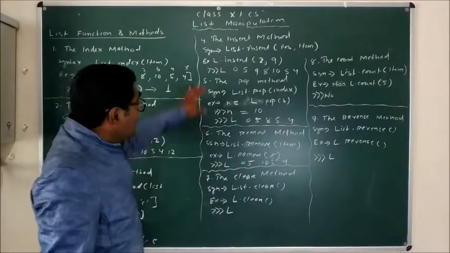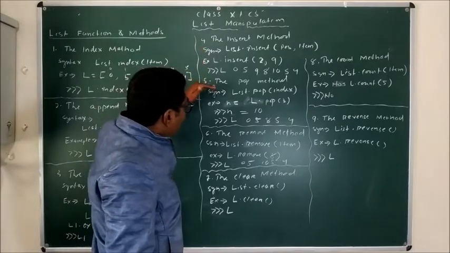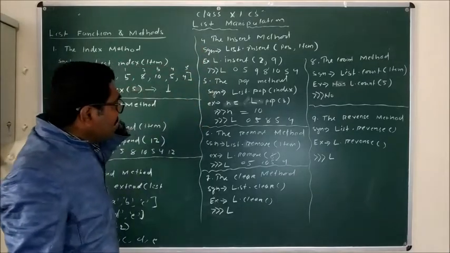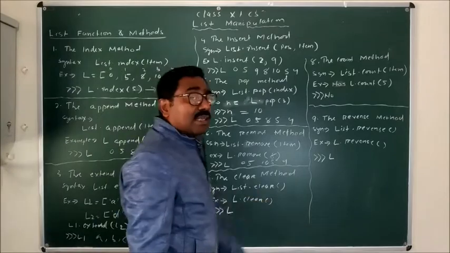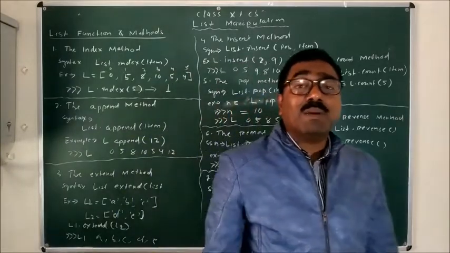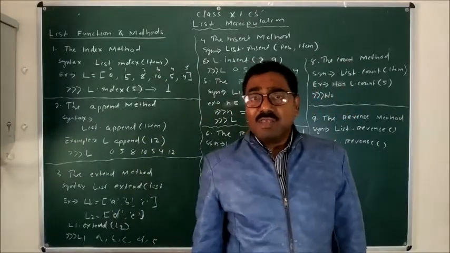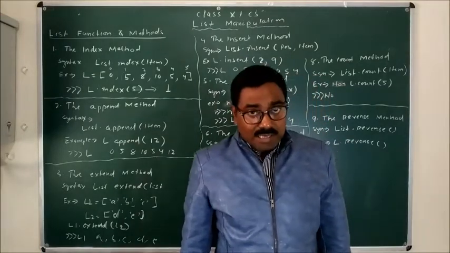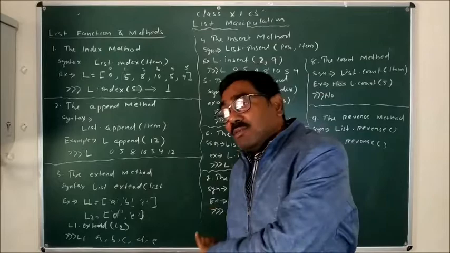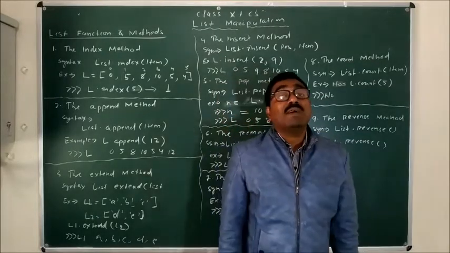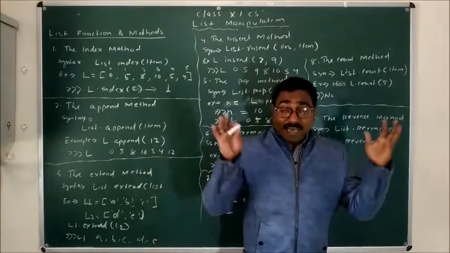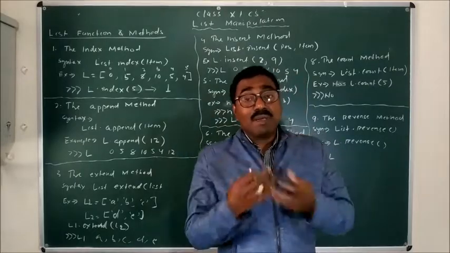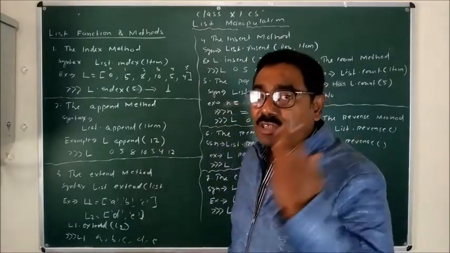Clear? So these two methods, that is pop and the remove method, are used to remove a particular element from the list, either using the index or using the value itself. But if you want to remove all the elements from a list, or completely clear the list, then you can use the clear method.